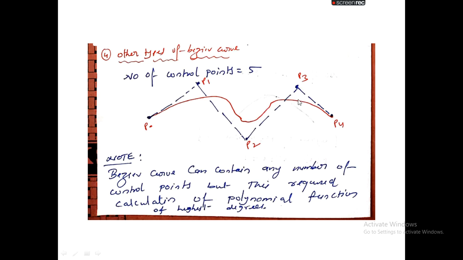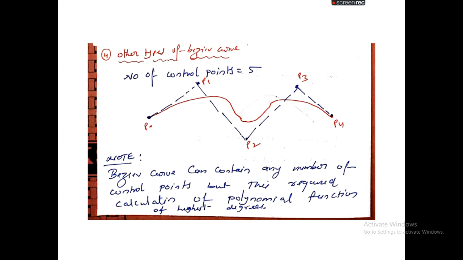Next I drew part of the curve from the P3 to P4 tangent. Like this I created one Bezier curve that contains 5 control points, 4 tangents, and the degree of the polynomial is 4. So you need to remember these are the rules and regulations to create a Bezier curve.